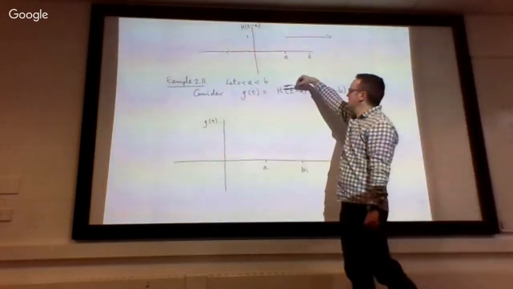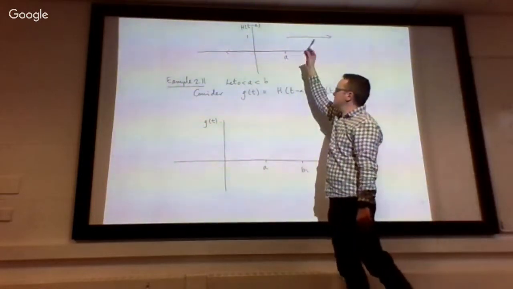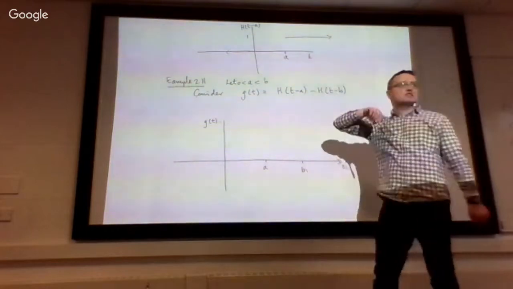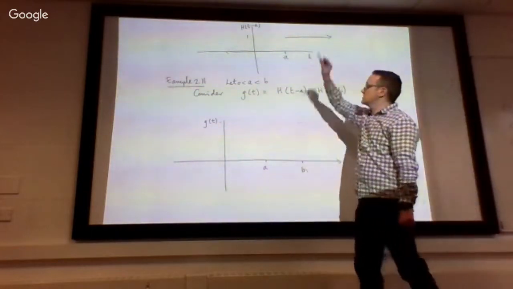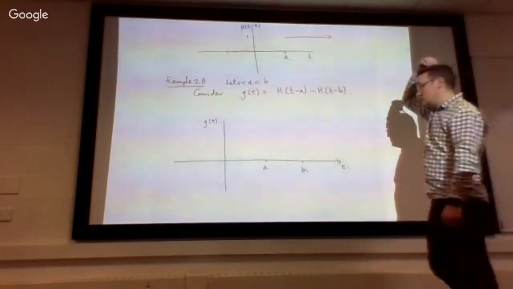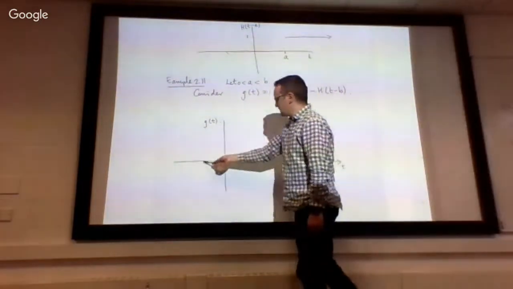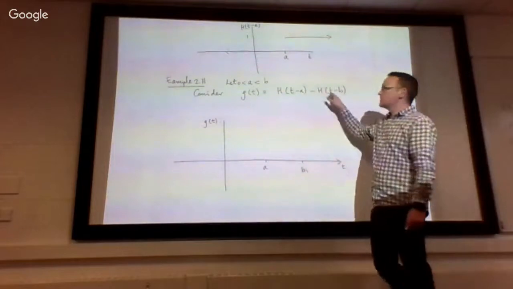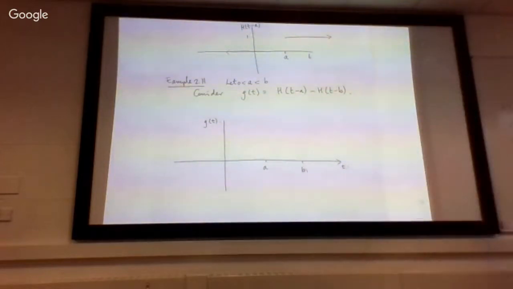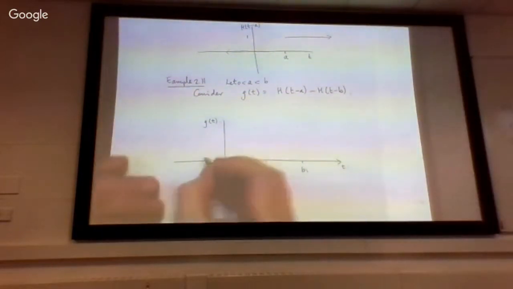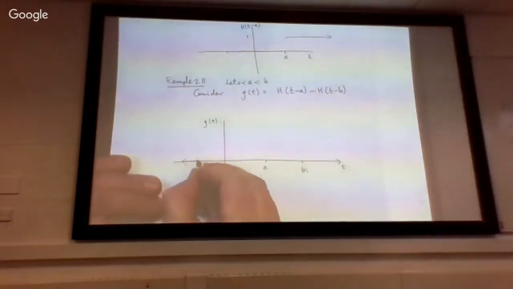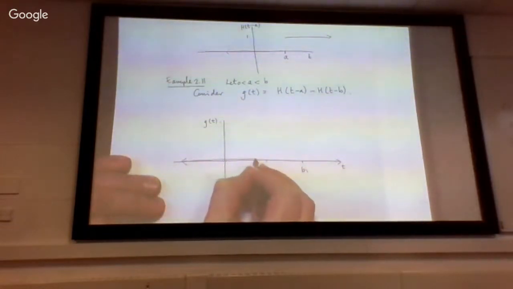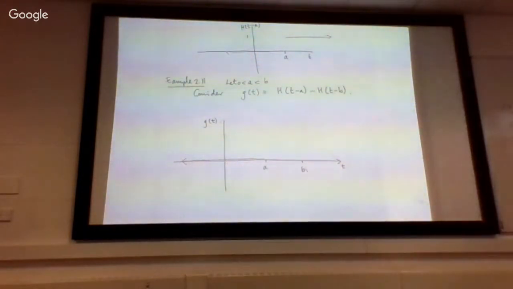The shifted Heaviside does its switching from off to on at the location equal to the shift that you subtracted. So when t is very negative, and when t is less than a, neither function is switched on yet. So at the values of t before a, the value is 0.